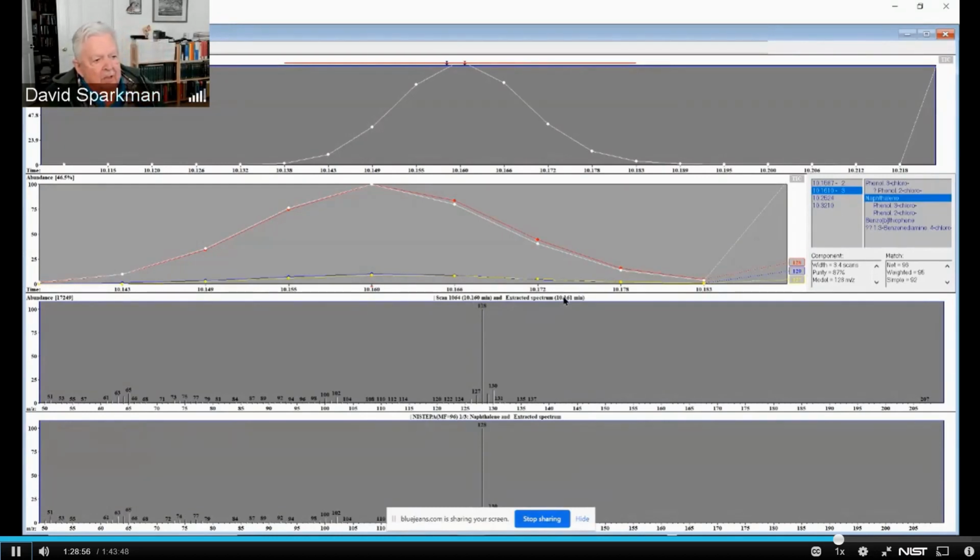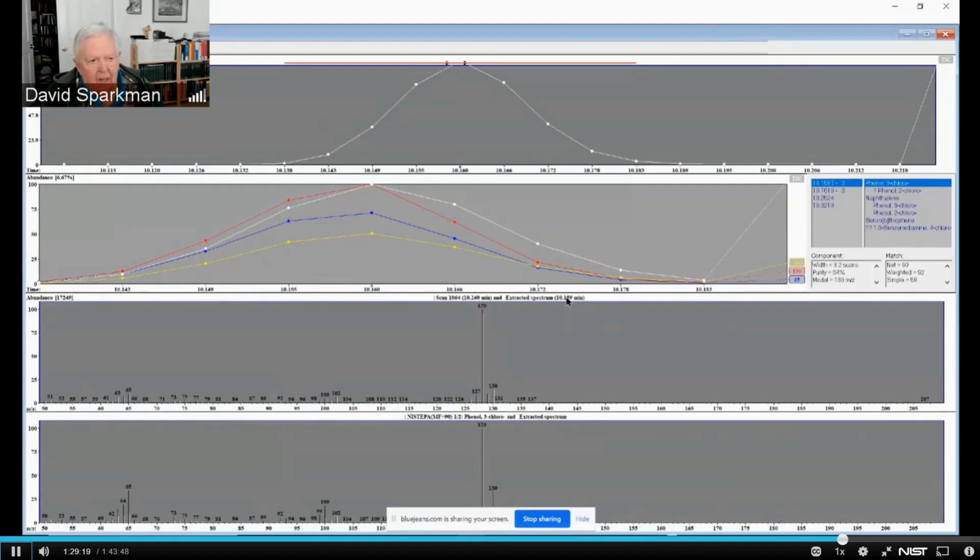But NIST has an extracted spectrum time of 10.161 for the second compound, and for the first compound, 10.159.